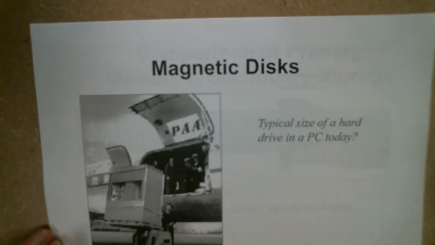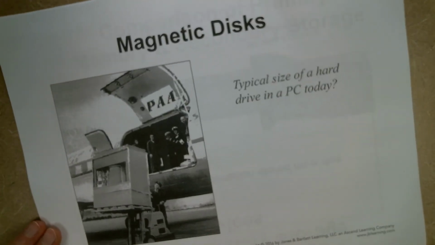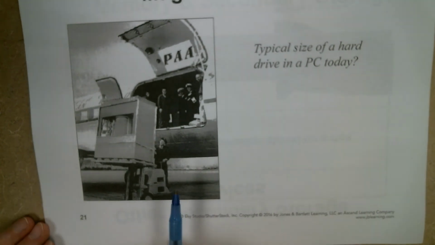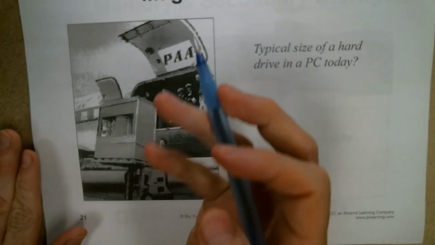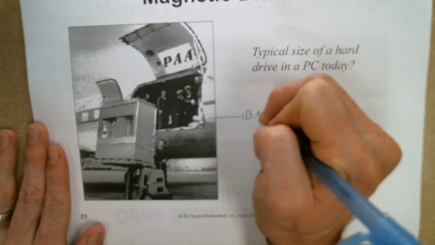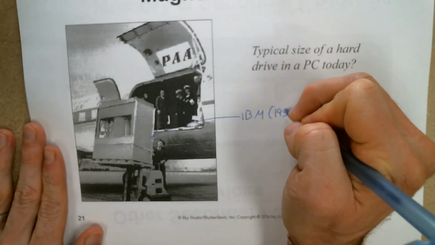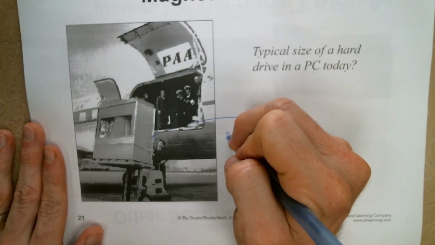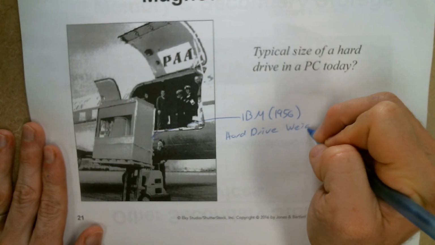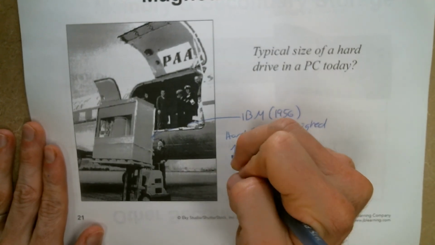All right, so this right here is just kind of a quick look back in time to see how far we've come. All right, so this picture right here is from IBM in 1956, and the hard drive weighed 1 ton.